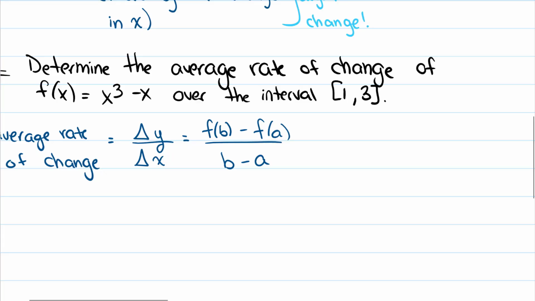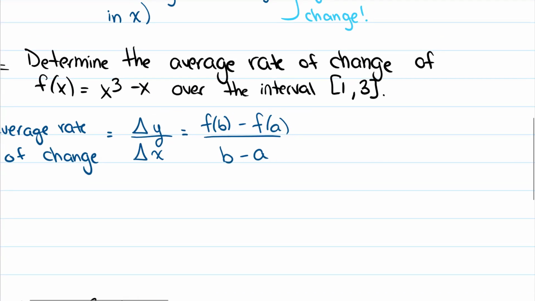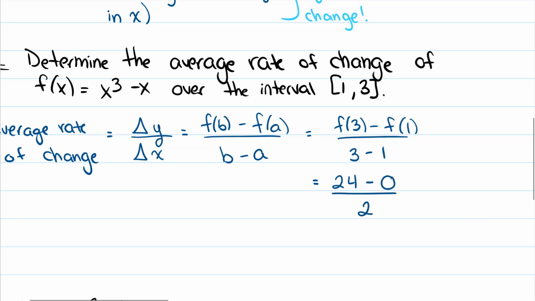So now we're just going to plug in and substitute in for our values. This is f of 3 minus f of 1 divided by 3 minus 1. So f of 3 is 27 minus 3, which is 24. F of 1 is 1 minus 1, so we get 0. So 24 divided by 2, which is 12. And that's good because that matches what we got with our graph.